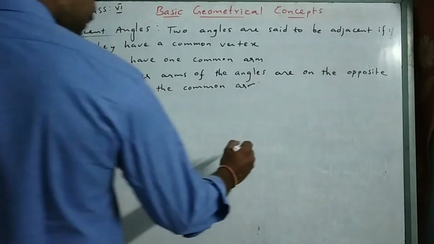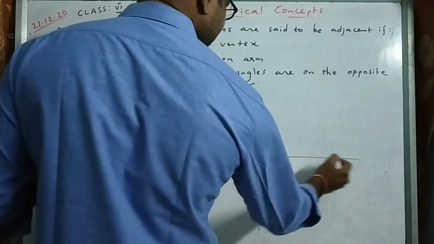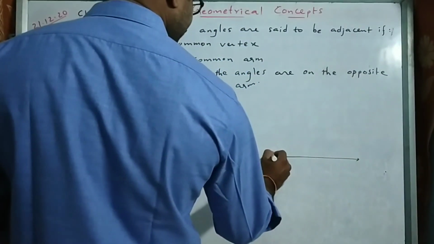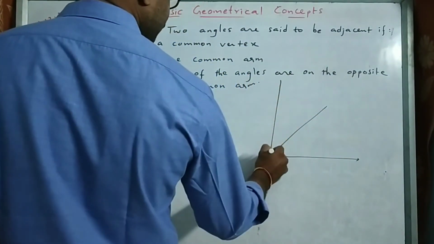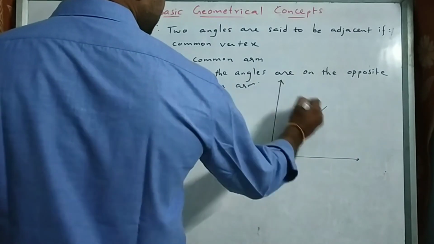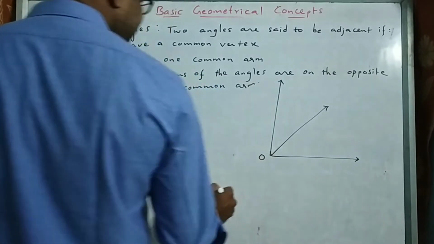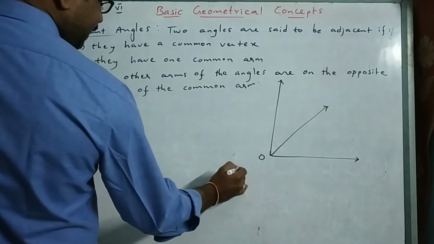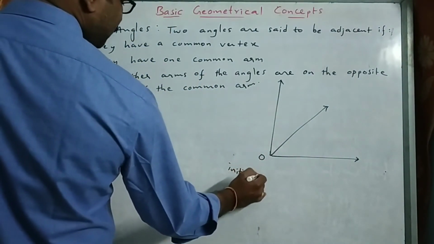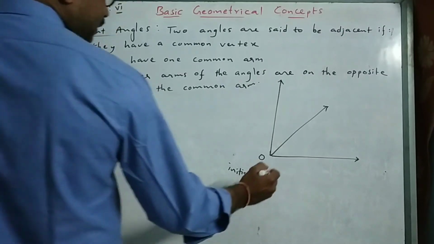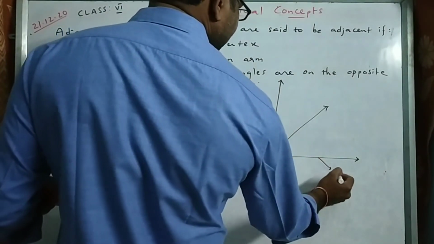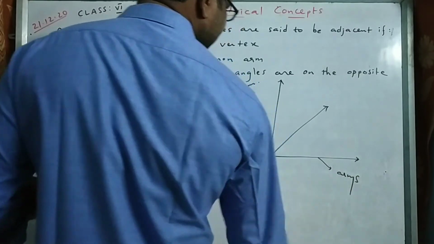For example, you can see this. See here, three rays are having common initial point. This point is called the initial point, starting point. These are called arms or hands.